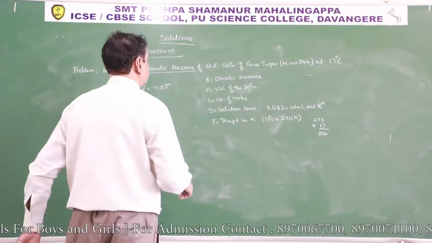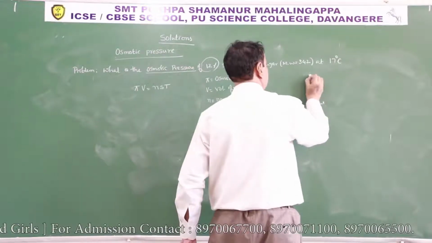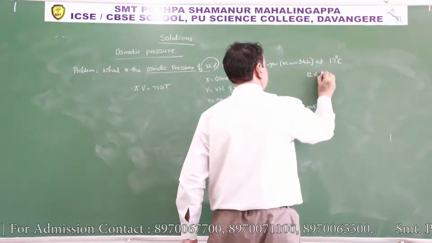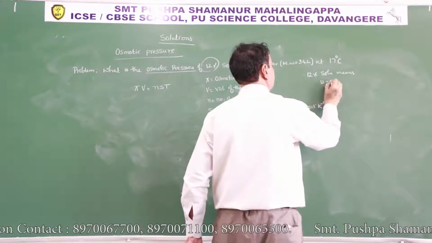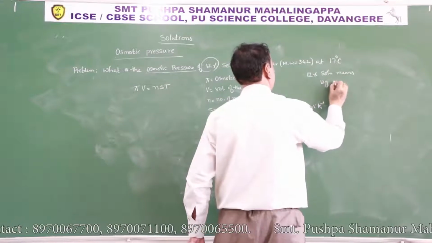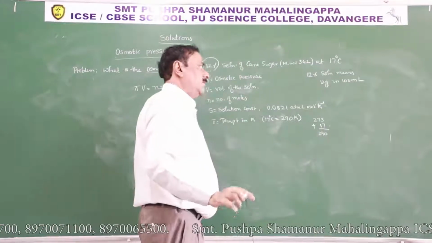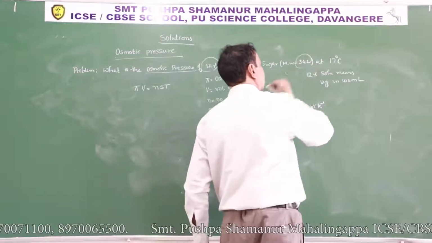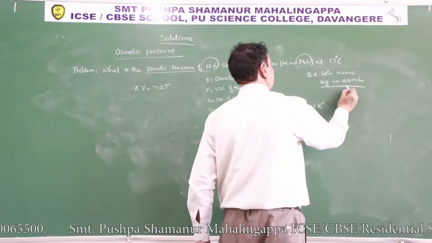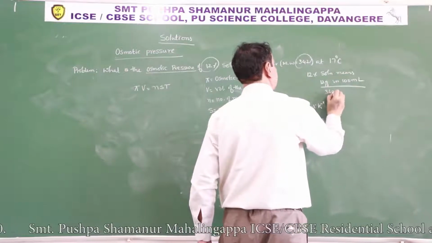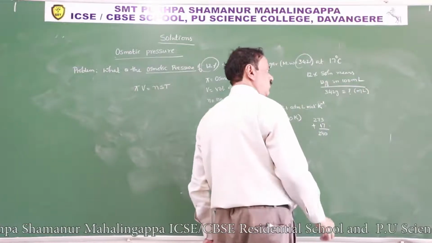Now this is a 12% solution. What is meant by a 12% solution? It means 12 gram in 100 ml. Here the molecular weight is given, that is 342. So 12 gram in 100 ml corresponds to 342 gram in how many ml?